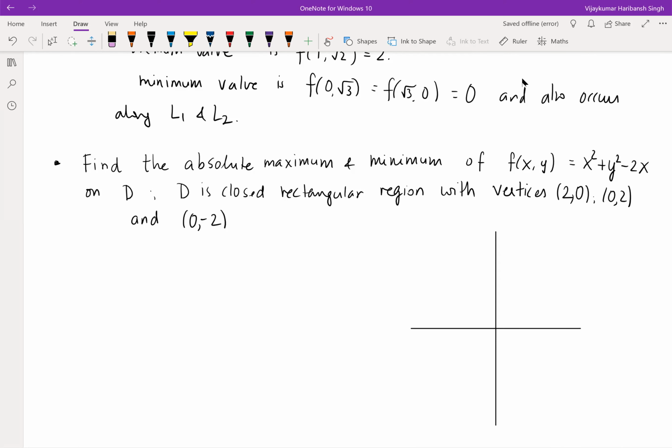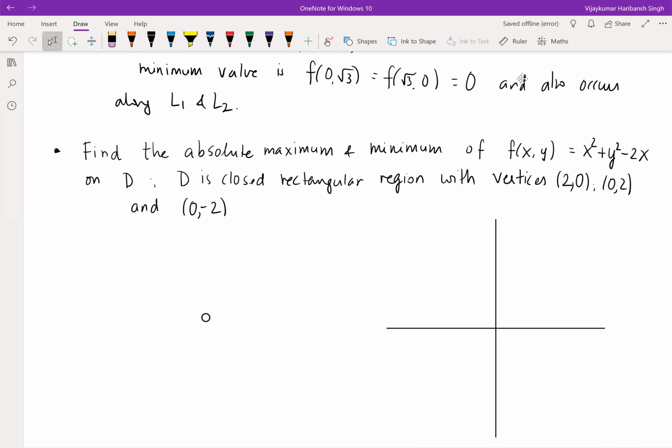So the points are 2, 0, which is this point here. And then we have 0, 2, which is this point here. And then we have 0, minus 2, which is here.